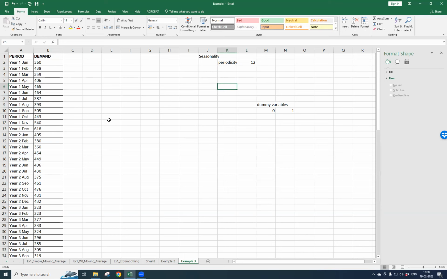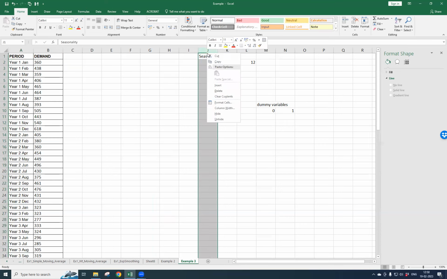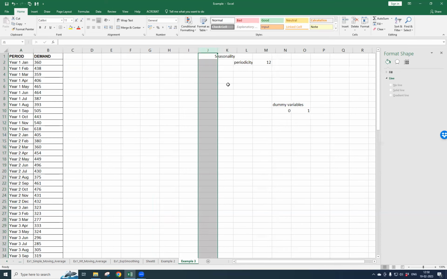I want to represent that in my regression. The way to represent that is to represent each of these months in the regression output. But these months are characters. So this I am going to consider as a kind of variable now. How do I do that? What I'll now do is create one variable each for every month.